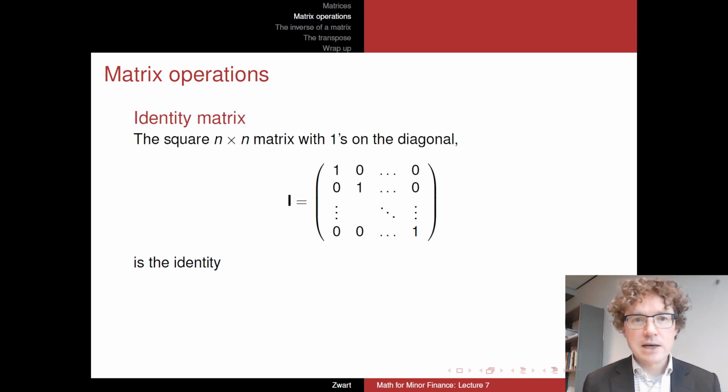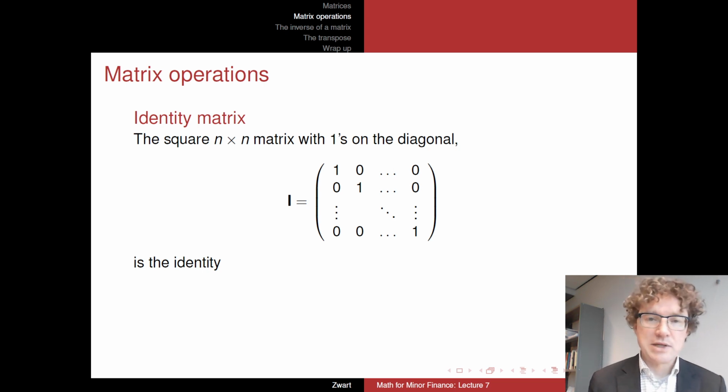A final thing that I'd like to mention here is the thing which is called the identity matrix. So the identity matrix in this case is a square matrix. So if it's an n-dimensional identity matrix, it would be an n by n matrix. It could be 2 by 2 or 10 by 10, what you wish, but it should not be rectangular, it should be square.